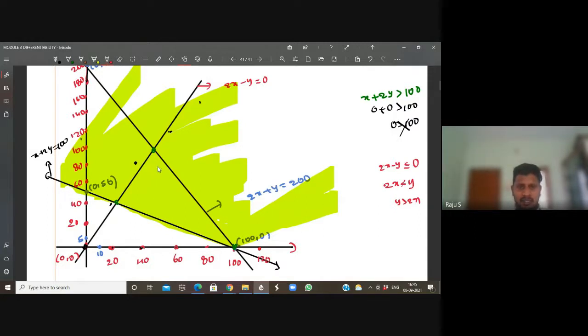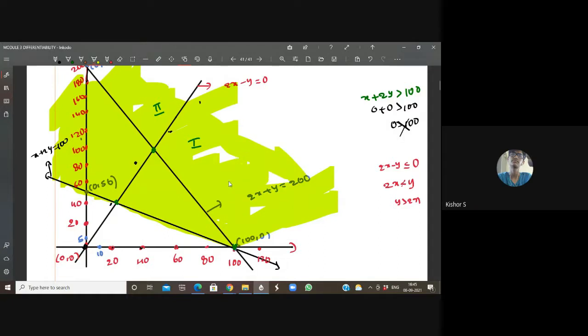This can divide it into two parts, part 1, part 2. What is the solution region? Y greater than 2x. It's part 2.